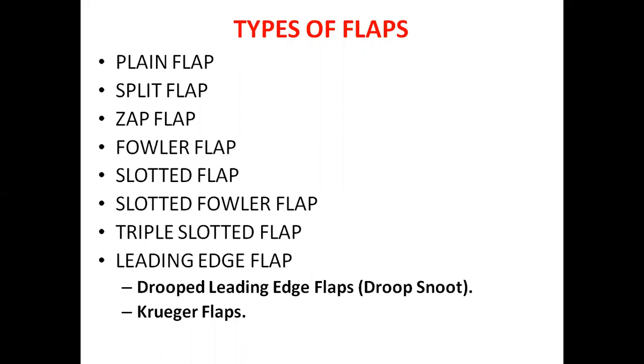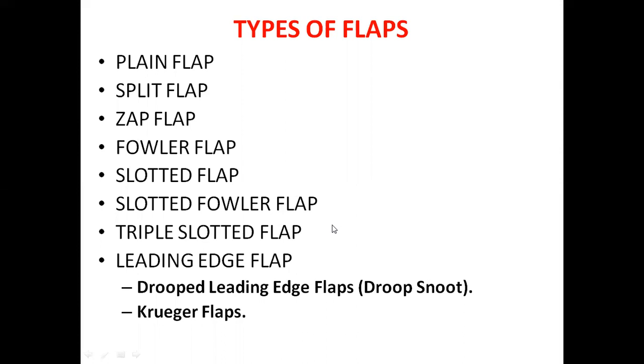So now basically we can say flaps can be classified in two groups. One is known as trailing edge flap, and the second is known as leading edge flap. The trailing edge flaps are plain flap, split flap, jet flap, collar flap, slotted collar, triple slotted flap.